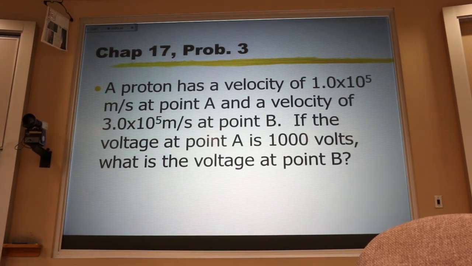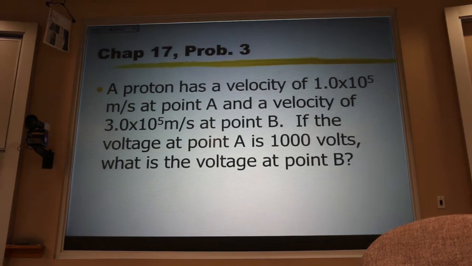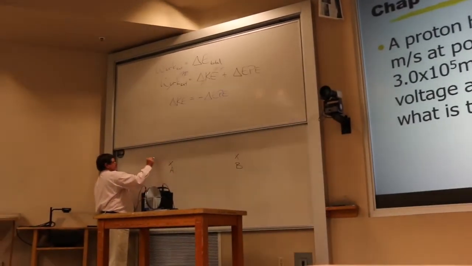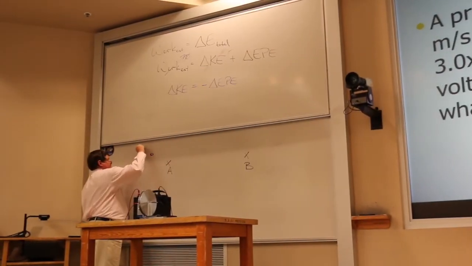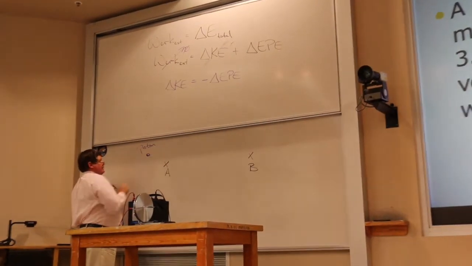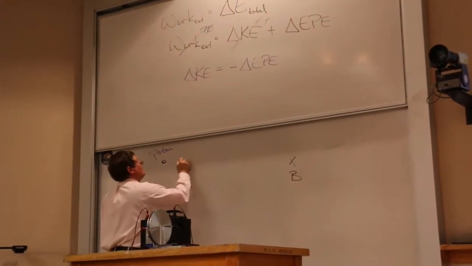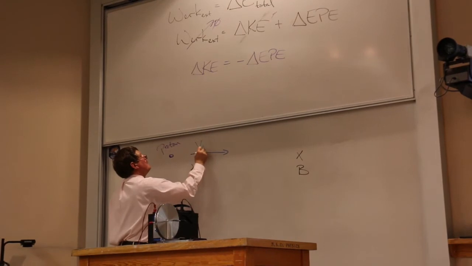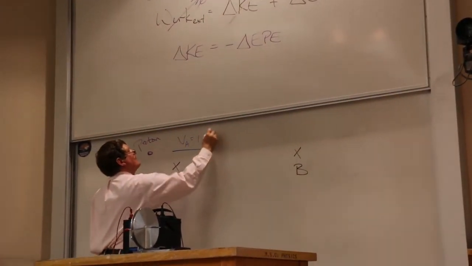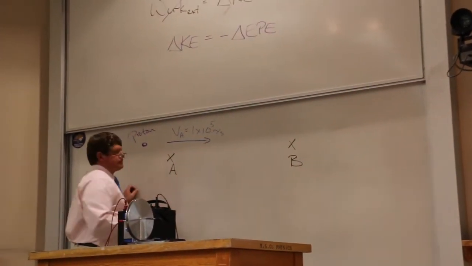This very problem. Now, what we find in this problem is that there's a location that we call A and a location that we call B. And we have a proton, and when that proton gets to A, it has a velocity of 1 times 10 to the 5th meters per second.